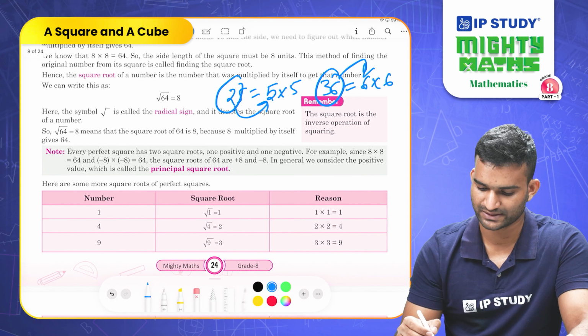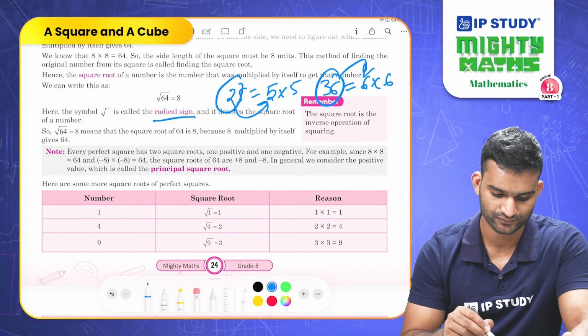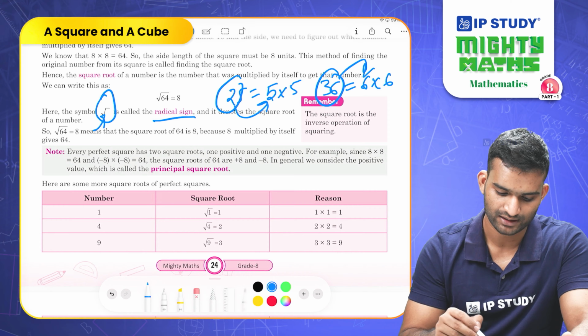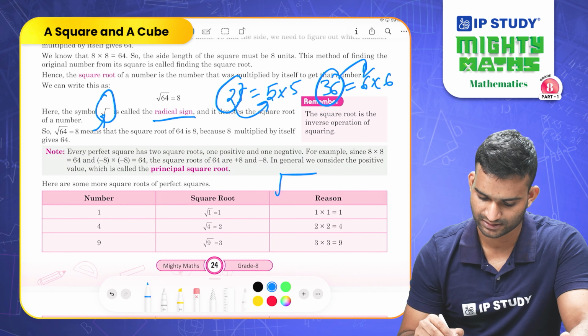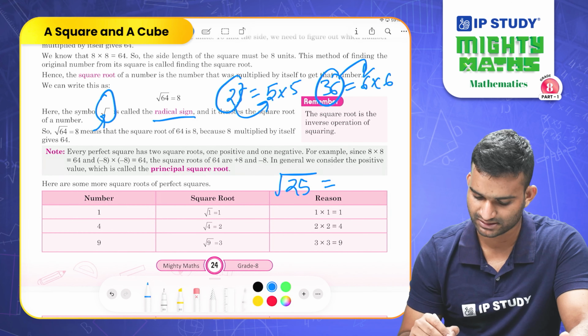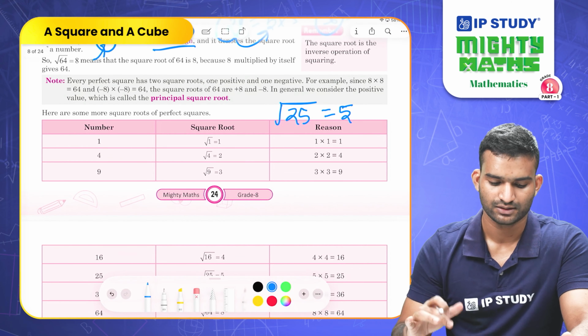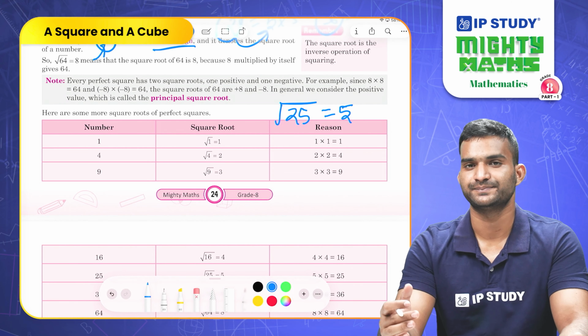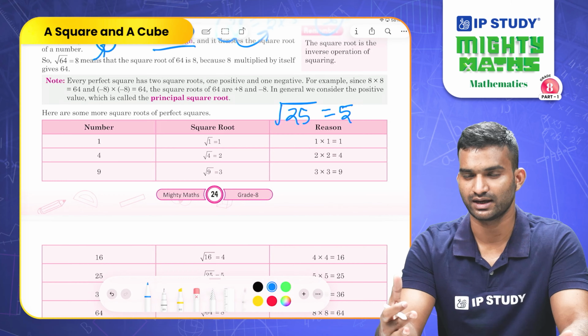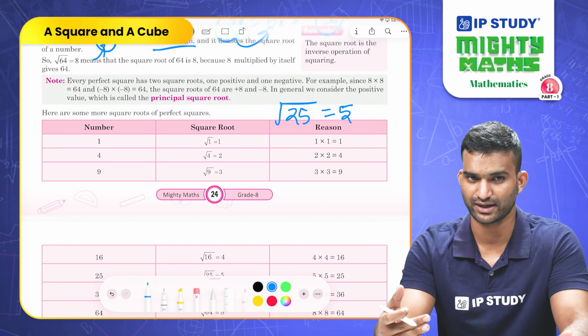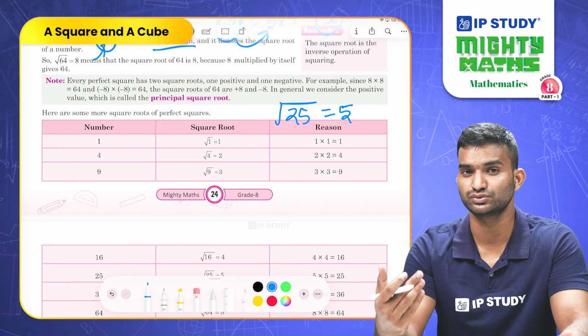And this can be represented by a radical sign, which is this one. Whenever we write this, it means the square root of 25 will be 5. So students, whenever we look for the square root of a number, we always get two numbers.